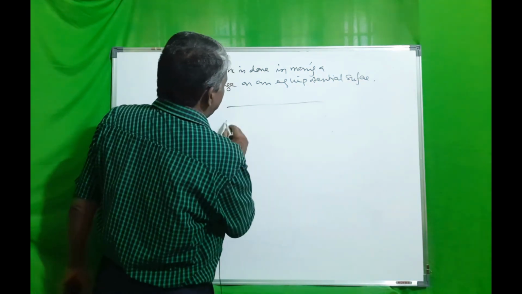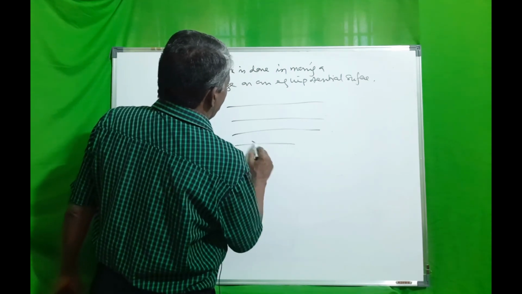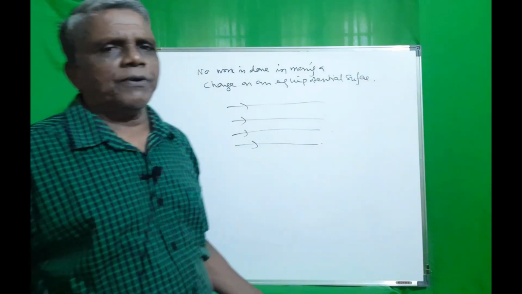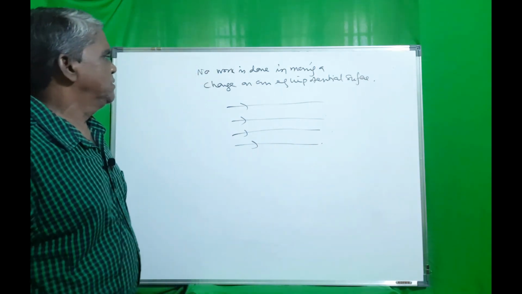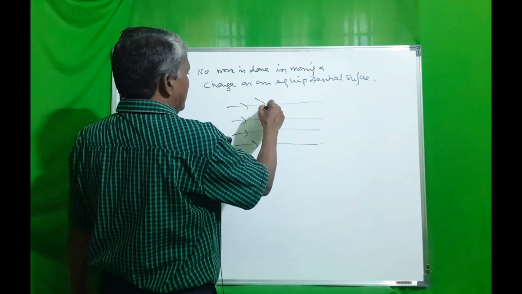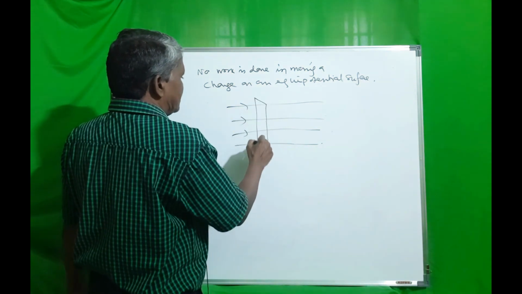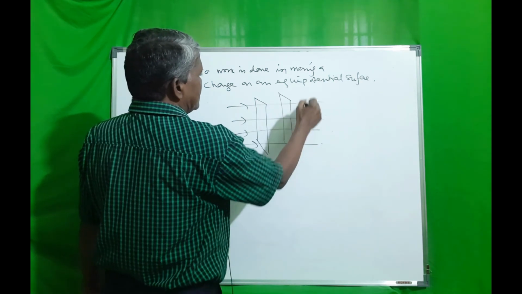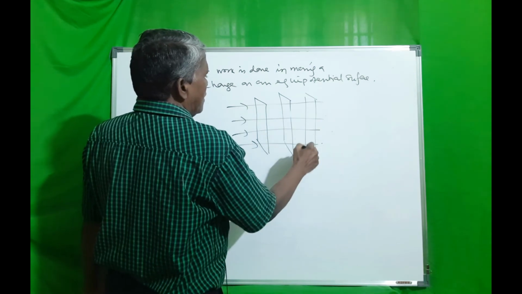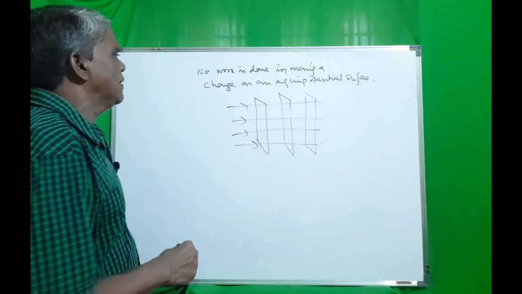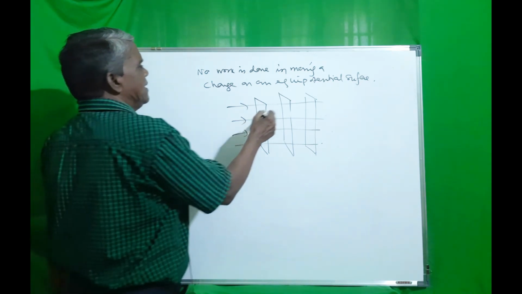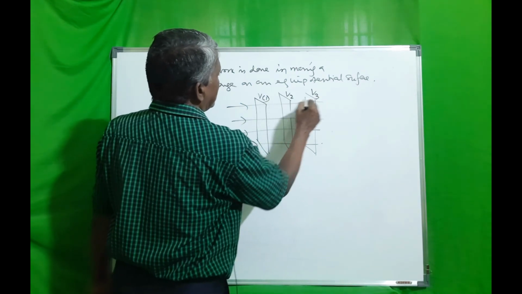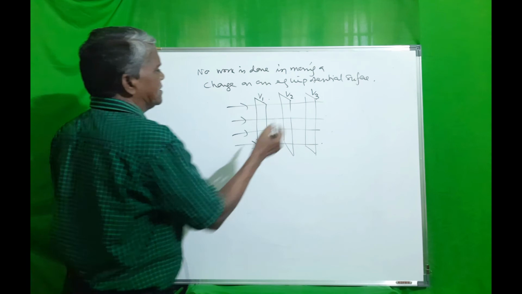And again, if the electric field is uniform, then along the direction of the field potential decreases. So in that case, any surface drawn normal to the direction of the field is an equipotential surface. Suppose this is V1, this is V2, V3 and like this.